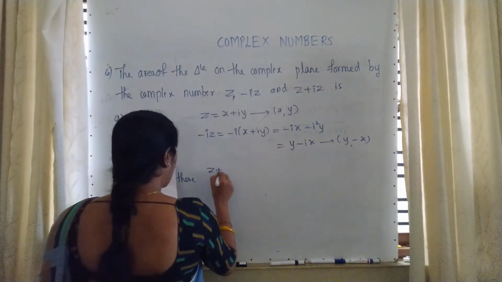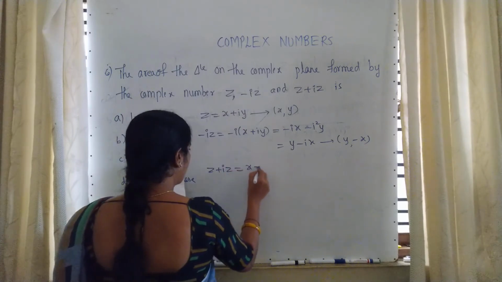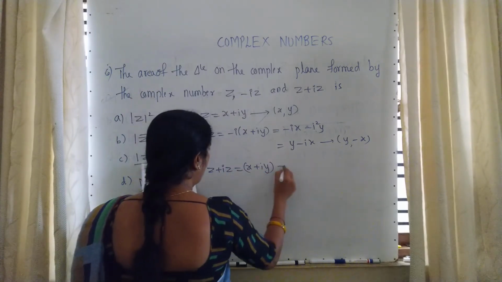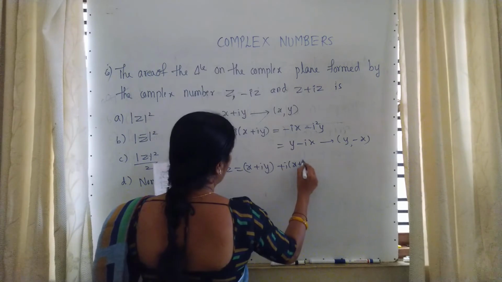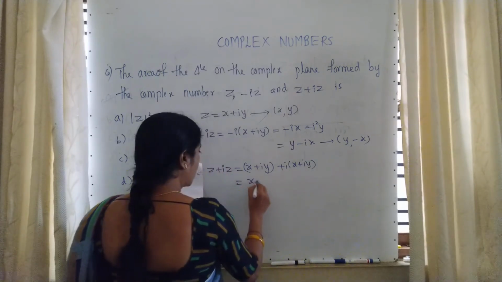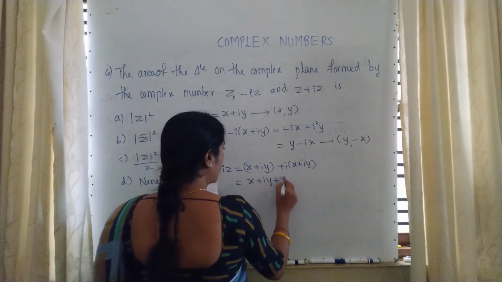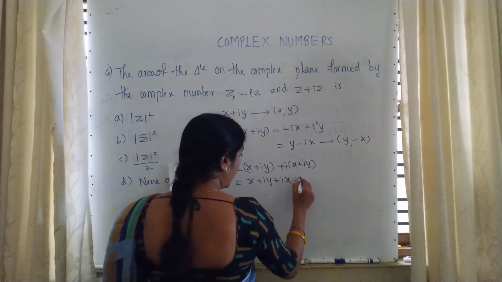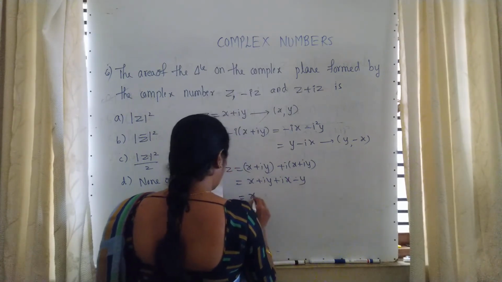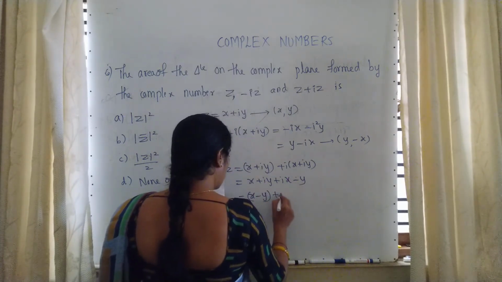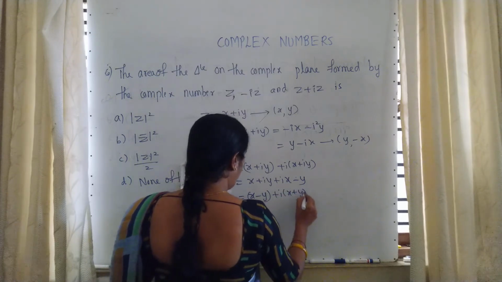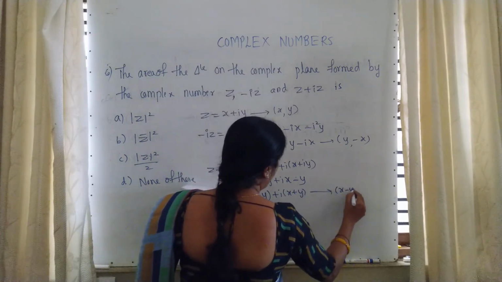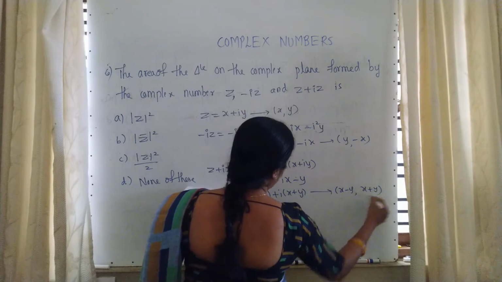Then z plus iz is x plus iy plus i times (x plus iy). Remove the bracket: x plus iy plus ix plus i square y, and i square is minus 1, so minus y. It is (x minus y) plus i(x plus y). So the point is (x minus y, x plus y).